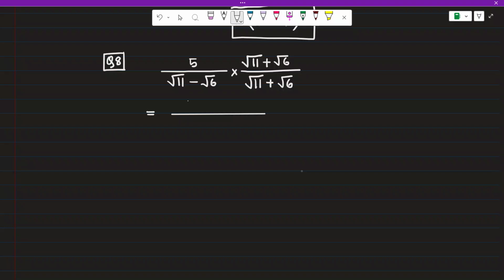So we are getting 5 parentheses root 11 plus root 6 divided by root 11 square minus root 6 square, that is 11 minus 6, and this is equivalent to 5. If we cancel out 5 and 5, we got our final answer, root 11 plus root 6. That's our final answer.